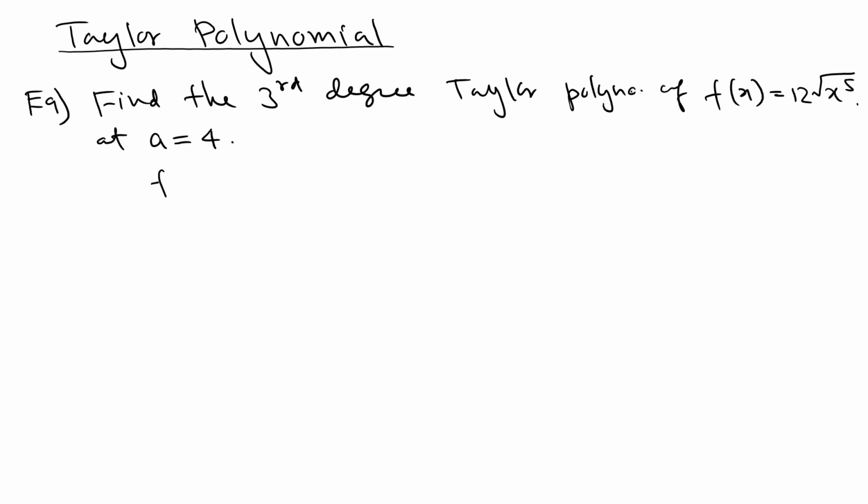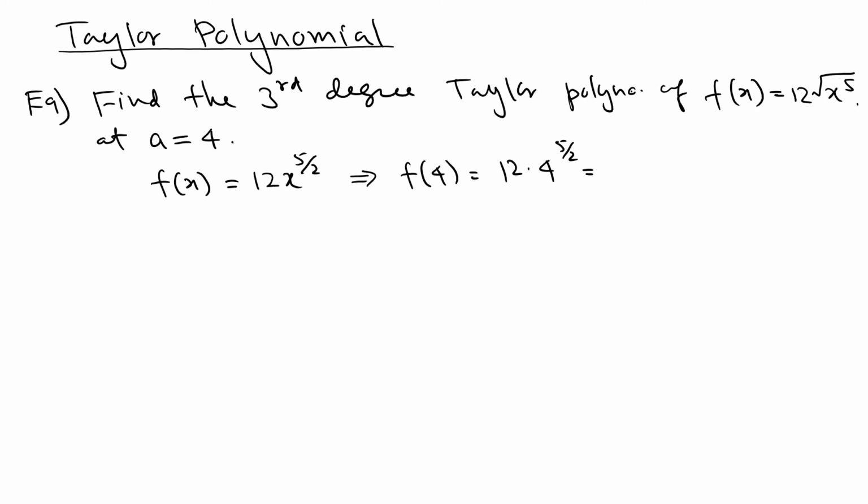The function f(x) is 12 times x to the 5 halves. We can evaluate this at 4. So you can see this is 12 times 4 to the 5 halves, which is not that difficult to find.